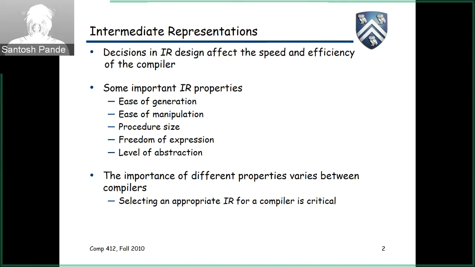The second one is how quickly we can manipulate it. It can go from one place in the IR to the next place where some change is to be done. That is also decided by the annotations and the attributes that you put in the IR.